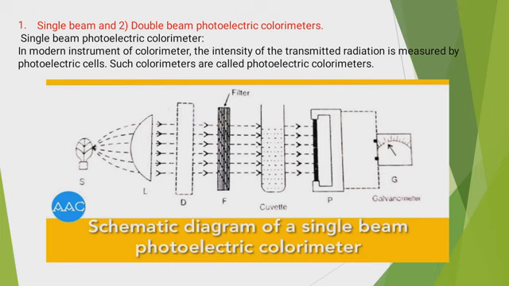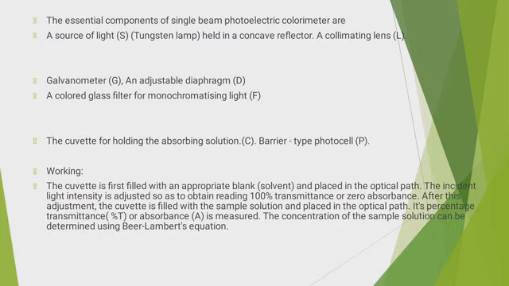The transmitted radiation is measured by a photo device such as photomultiplier tubes or phototubes, and this is fed to the galvanometer, where a null signal is maintained. This is the entire working procedure and parts of the single beam and double beam colorimeter.